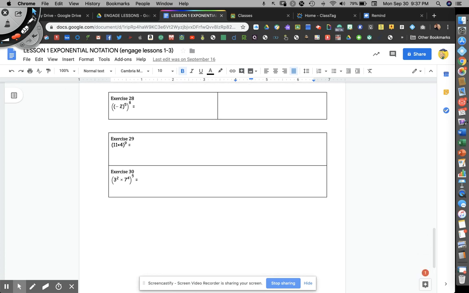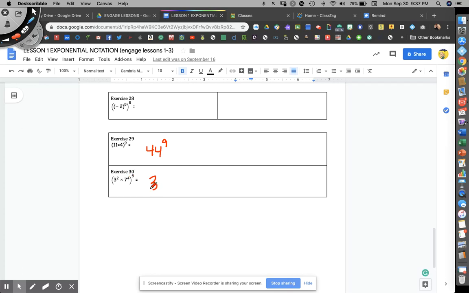All right, if you are all caught up to 30, this one real quick, I just want to review with you. If the numbers inside the parentheses do not have exponents, just go ahead and multiply those together. You would get 44 to the 9th power. So if you got that as your answer, you did it right. But these whole numbers do have exponents, which means this 5 needs to be multiplied to both exponents on the inside.